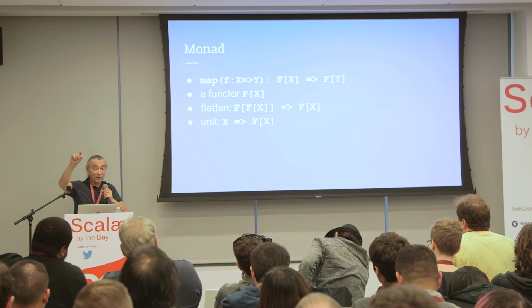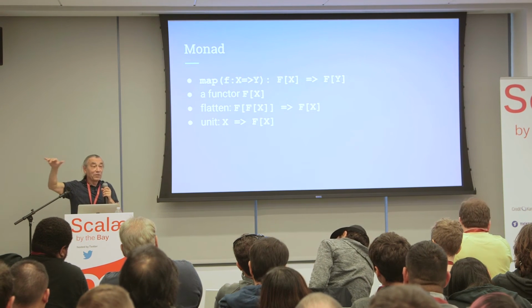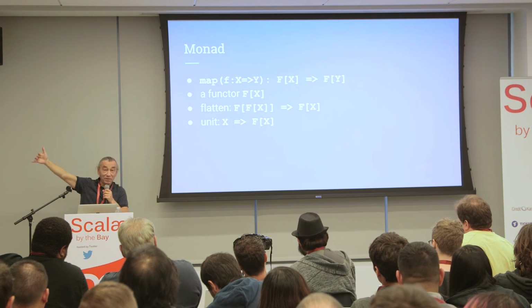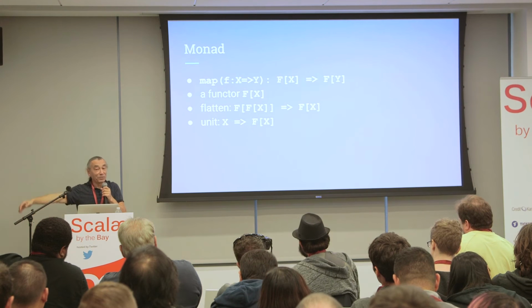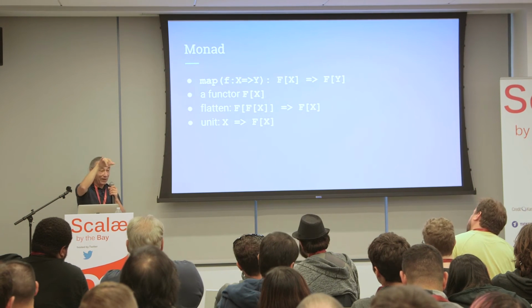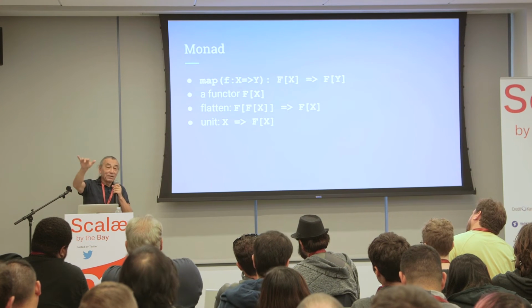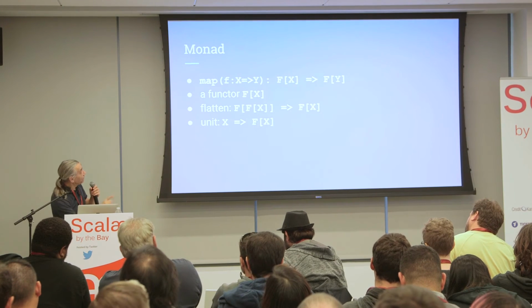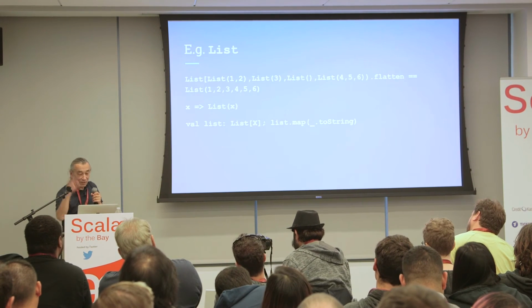If you have a list of lists, you can first flatten the list outside and produce a list of lists, and then flatten again and produce a plain list. Or you can, for every element, apply map of flattening and flatten the list inside and then flatten again. So for a monad, it should be the same thing.